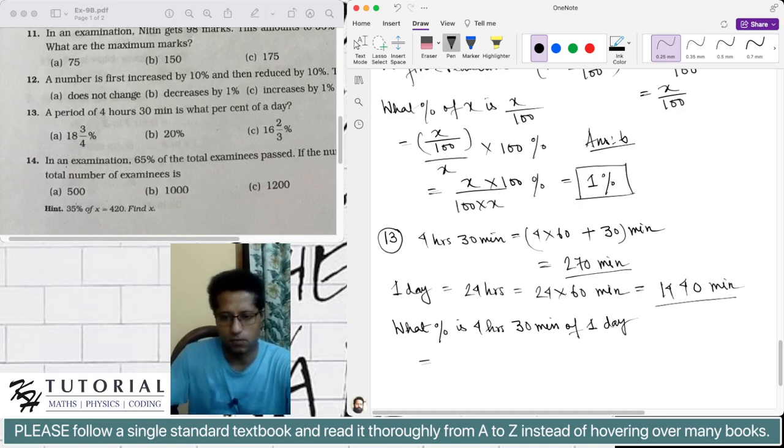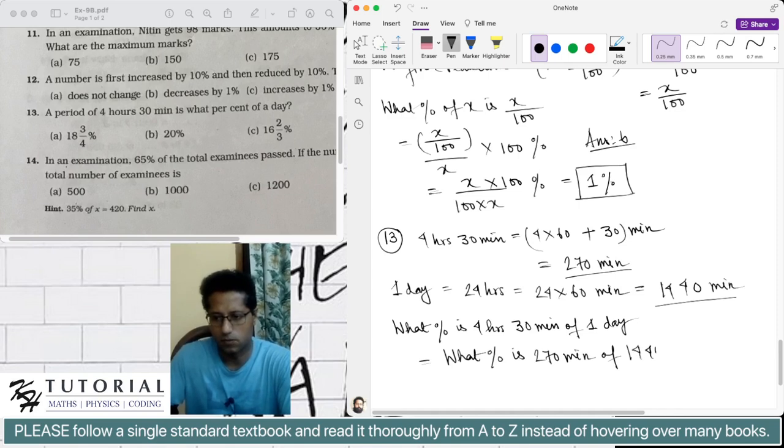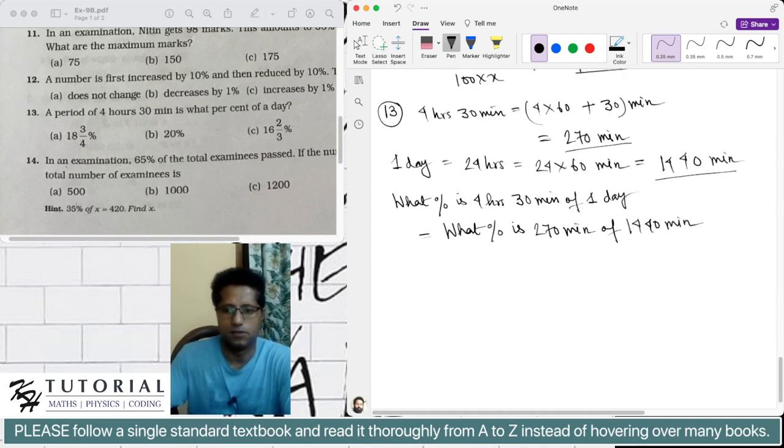After the conversion of both quantities into minutes, the question becomes: what percentage is 270 minutes of 1440 minutes. This is equal to 270 divided by 1440 multiplied by 100 percentage.